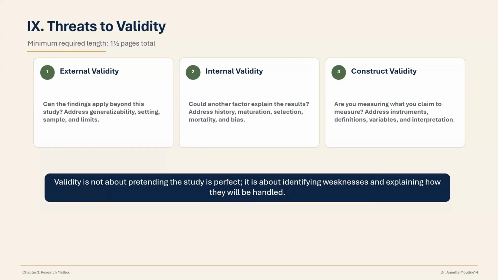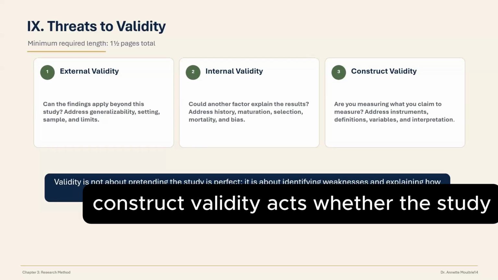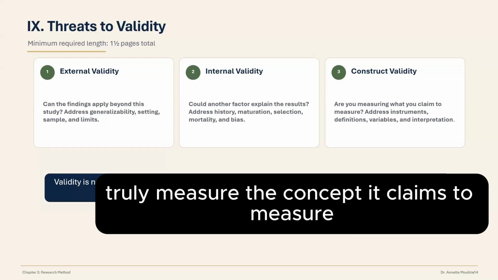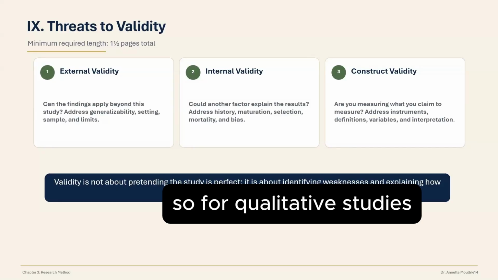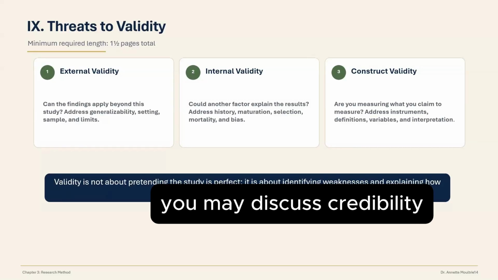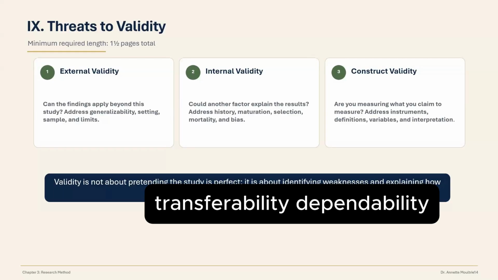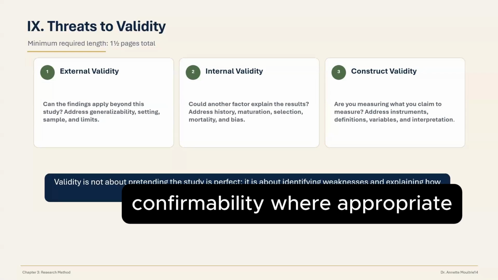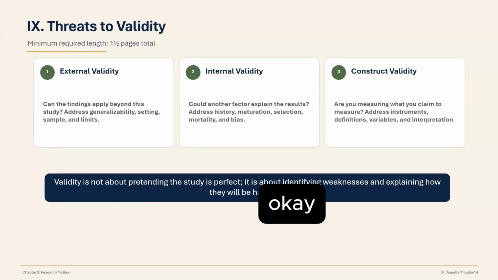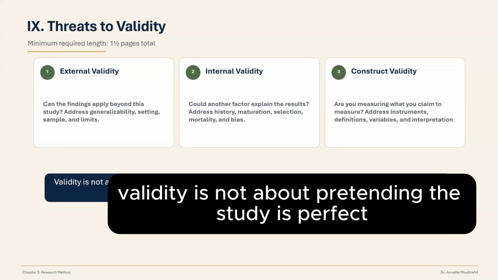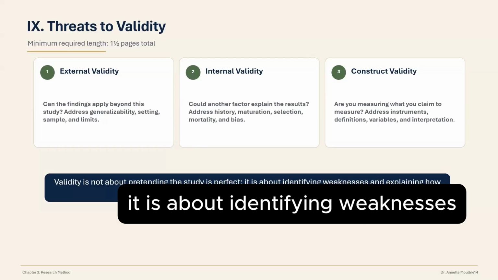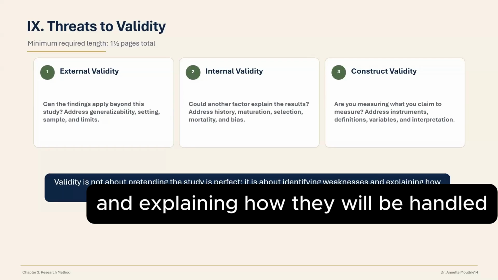In other words, construct validity asks whether your study truly measures the concept it claims to measure. For qualitative studies, you may discuss credibility, transferability, dependability, confirmability, where appropriate. So validity is not about pretending the study is perfect. It is about identifying weaknesses and explaining how they will be handled.